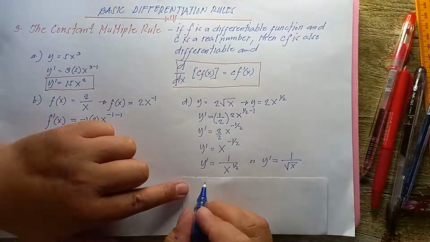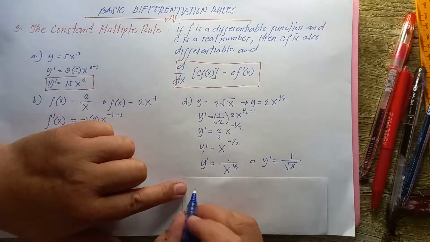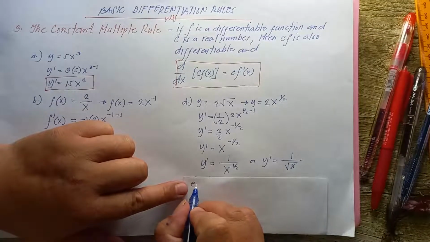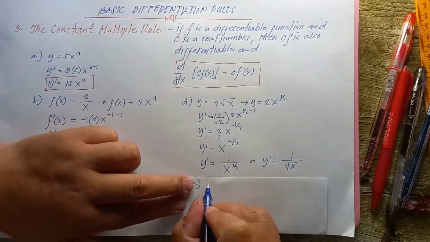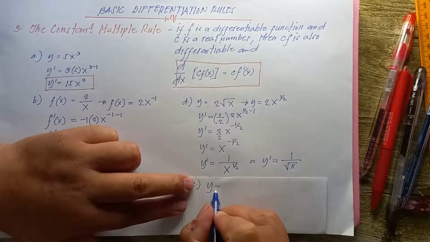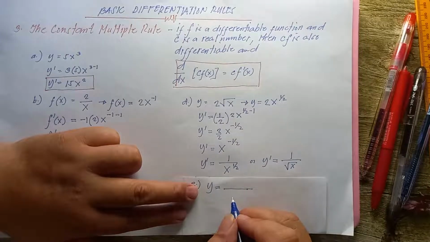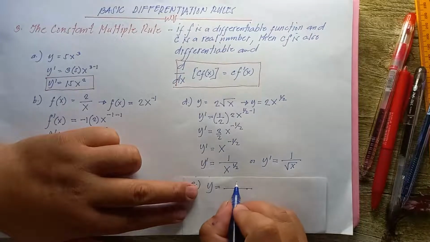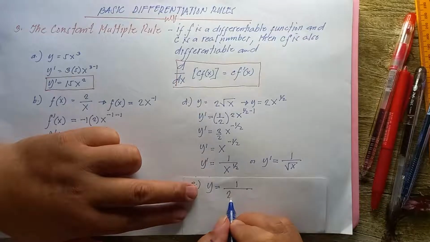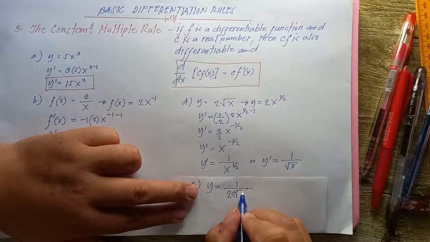The next problem will be letter E. So what if we have y equal to 1 over 2 the cube root of x raised to 2?